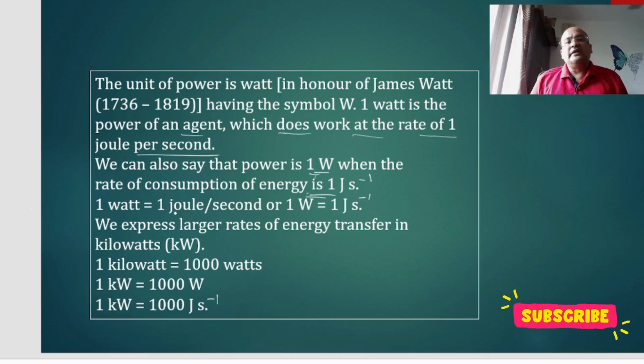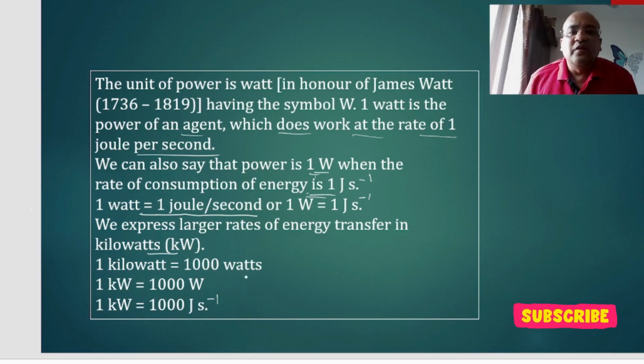So 1 watt is nothing but 1 joule per second. We express larger rates of energy transfer in kilowatts. 1 kilowatt is 1000 watt.